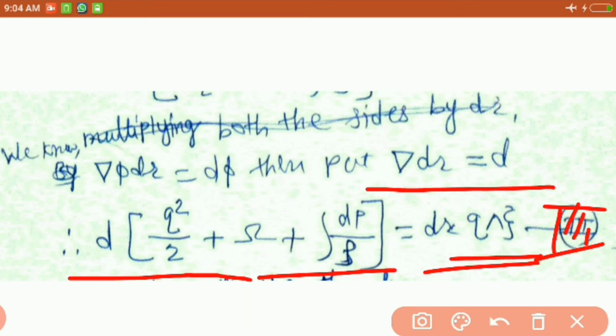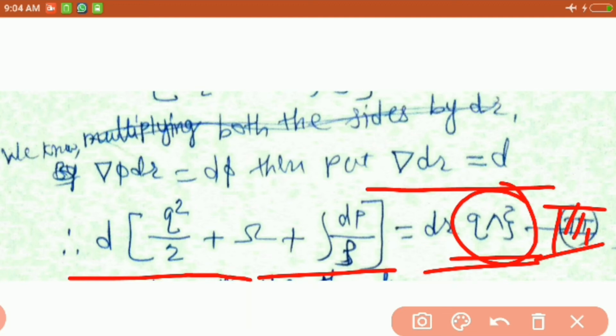Where the differential dr is any arbitrary small variation of the position vector r in the field. Now we take the first case, where q × ζ is 0.